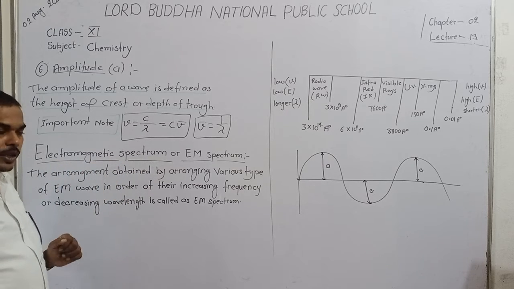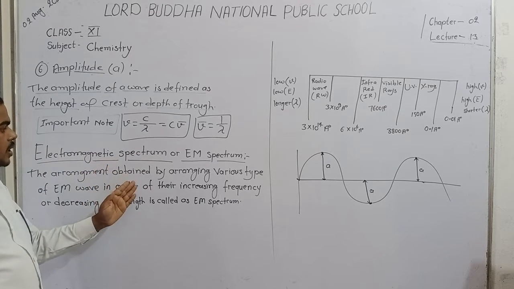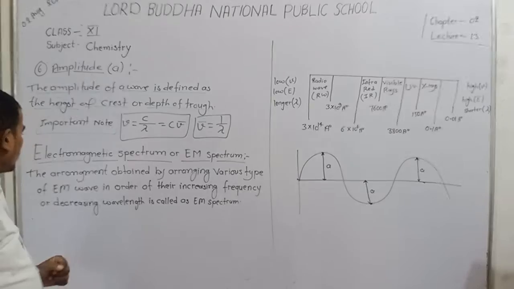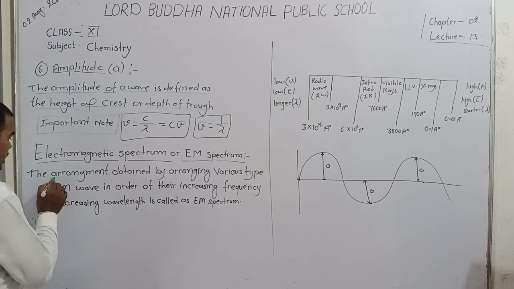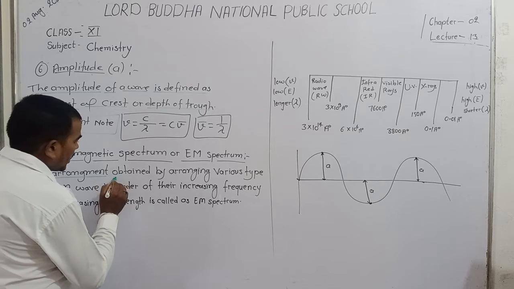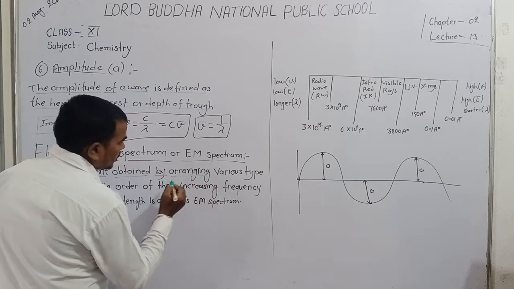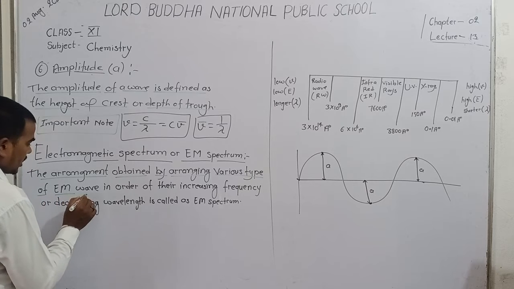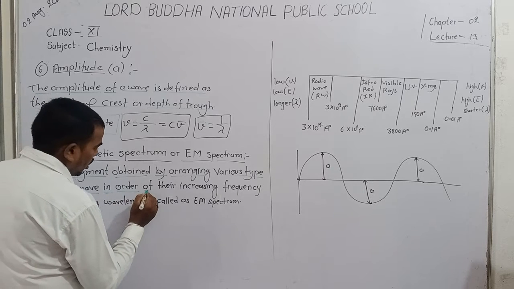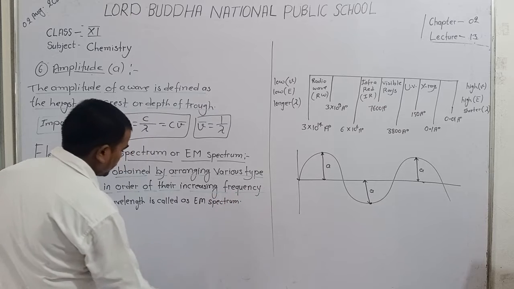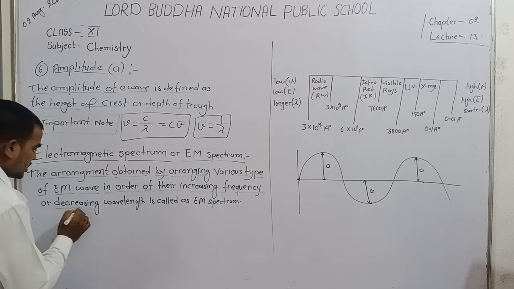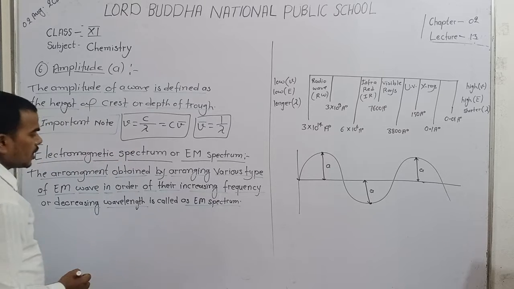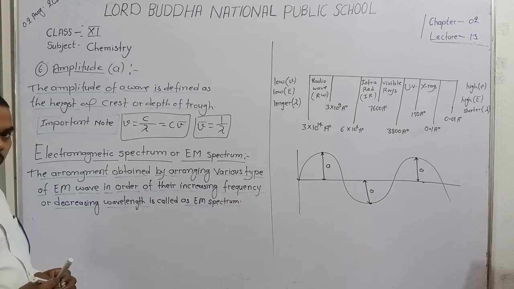Dear student, now discuss the electromagnetic spectrum, in short written as EM spectrum. The arrangement obtained by arranging various types of electromagnetic waves in order of their increasing frequency or decreasing wavelength is called the electromagnetic spectrum.